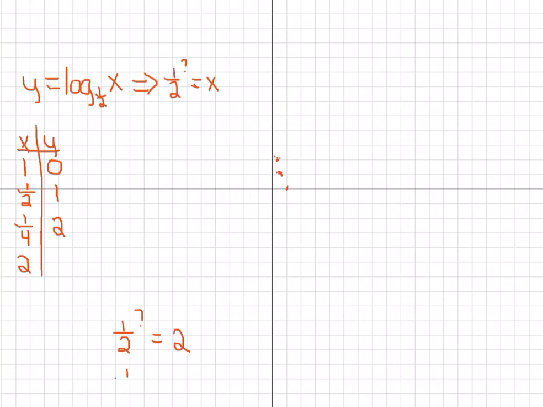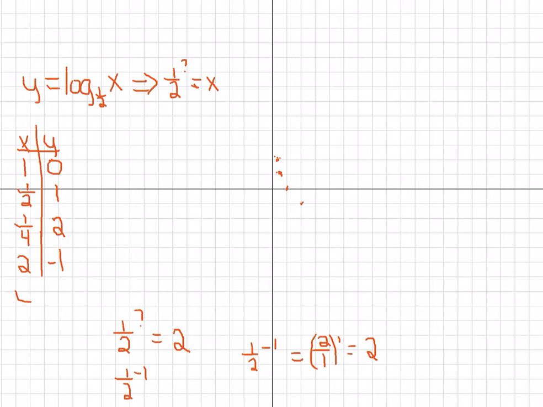Well, 1/2 to the negative 1, because remember, negative exponents just mean to flip numerator and denominator, and 2 to the first is 2. So when we go 2, we get negative 1. So 2, negative 1.